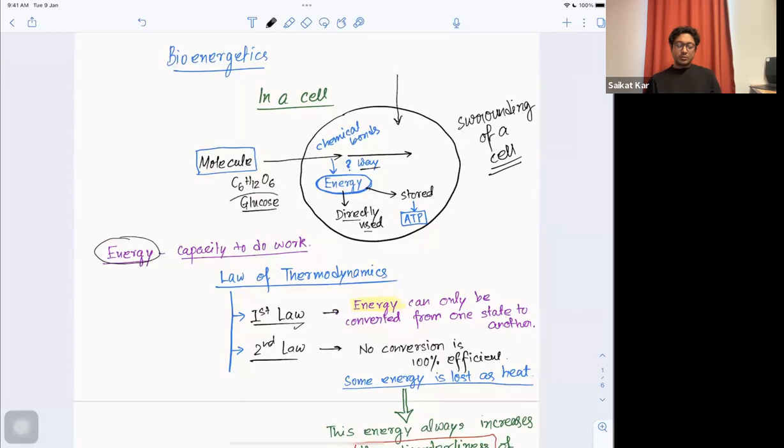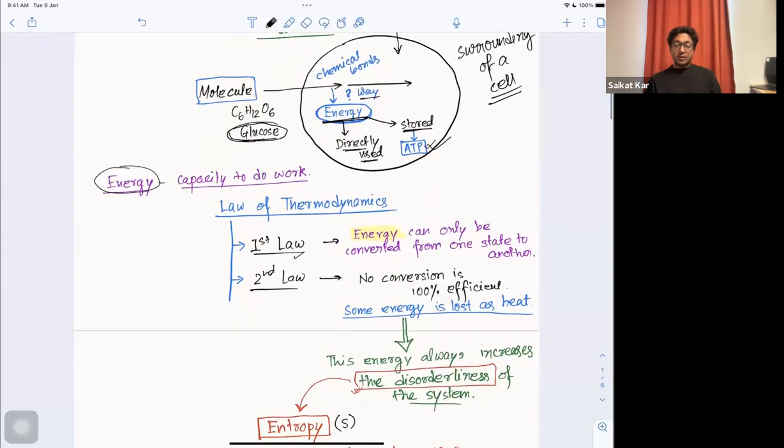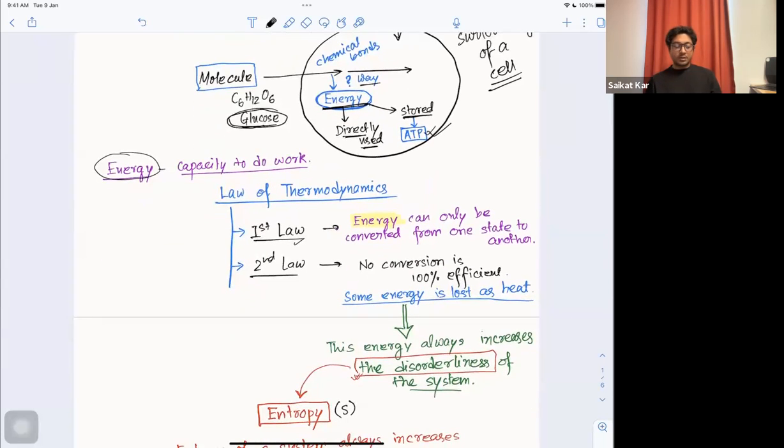And from that molecule, the cell tries to extract energy. This energy can be directly used by the cell, or it can be stored in the form of a chemical bond. Now, what is energy? Energy is the capacity to do work.